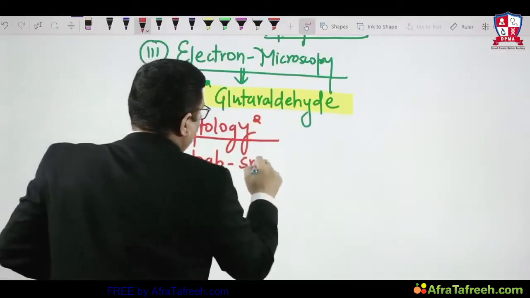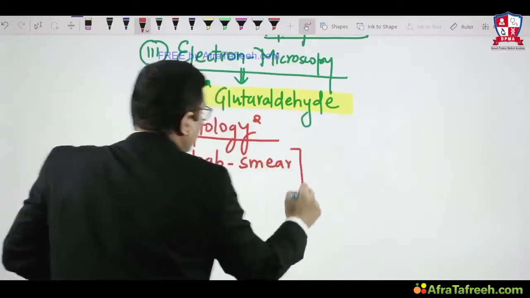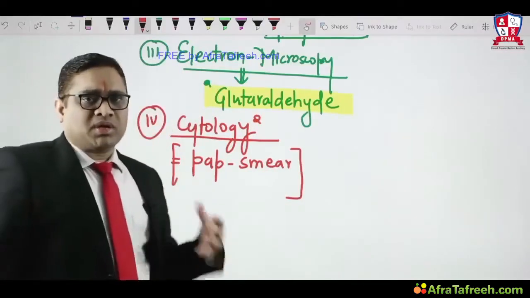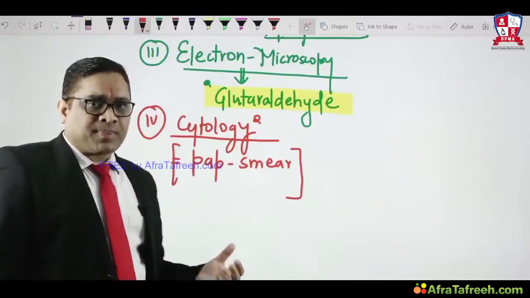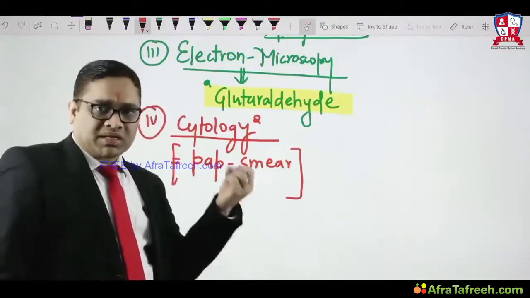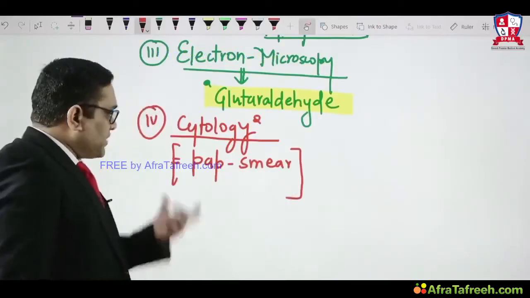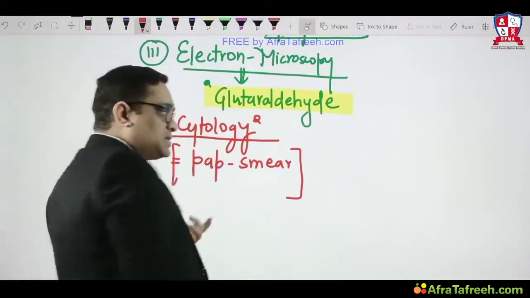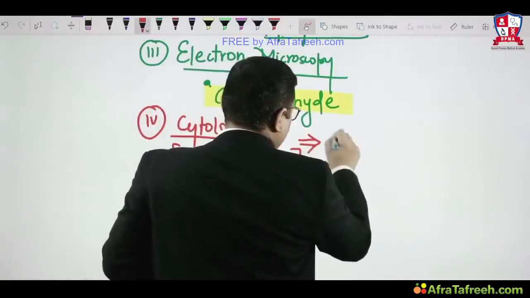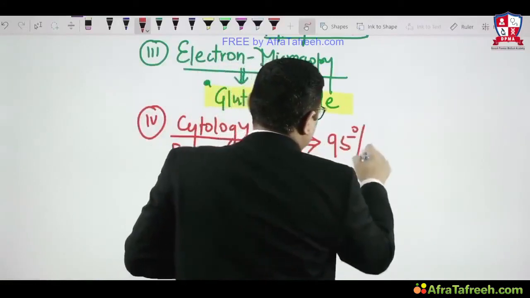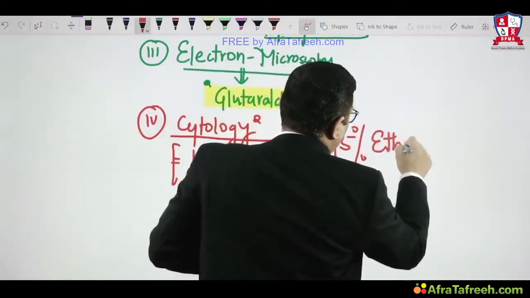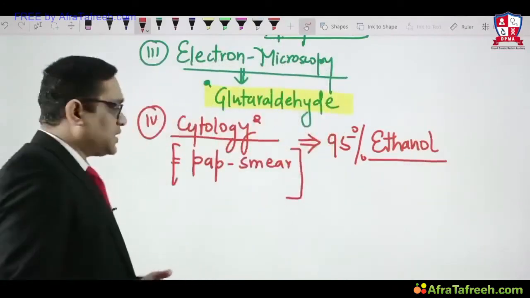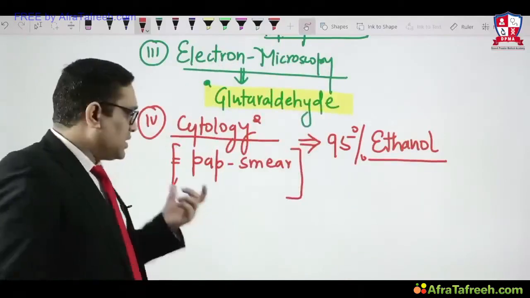When a patient comes to the Obs and Gynae OPD and we screen for cervical cancer, we take a smear from the cervix, and that is called a pap smear, which is a cytological smear. So for any cytological specimen, what is the best fixative? The answer will be 95% ethanol.